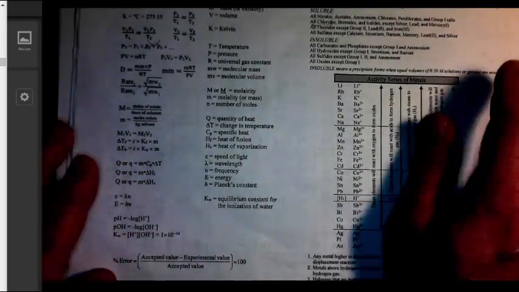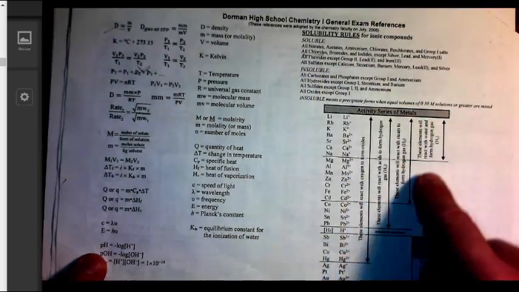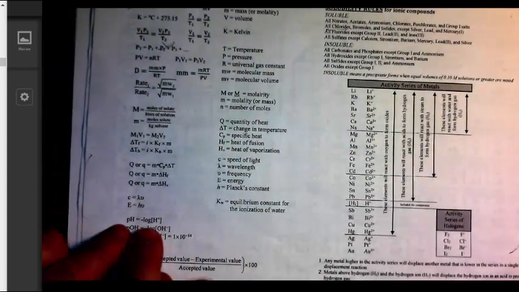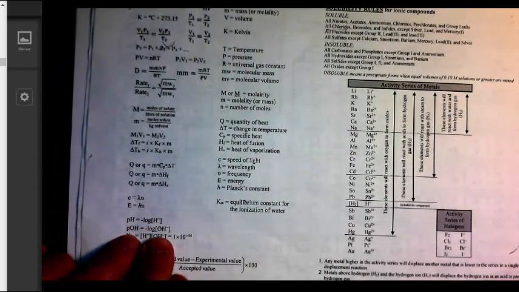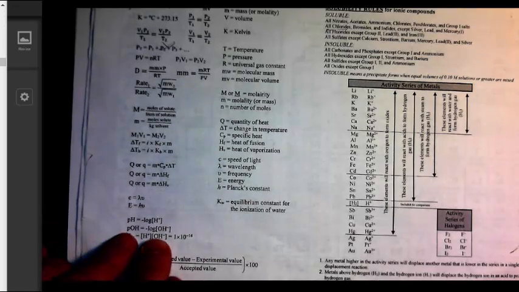If you look down here near the bottom of this page, this is the same page your solubility rules and your activity series are on. Notice the definition of pH and pOH are down here. So you don't really have to memorize those. You don't have to memorize the whole pH wheel. It's good to know what's there, but you can always check it here.